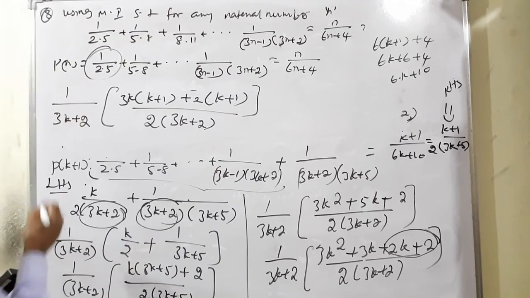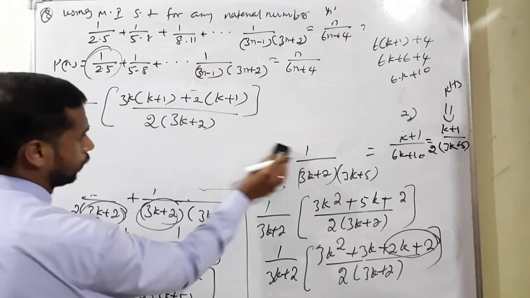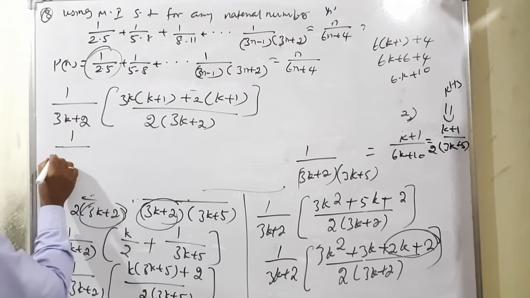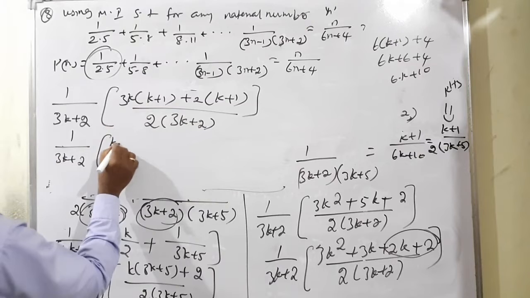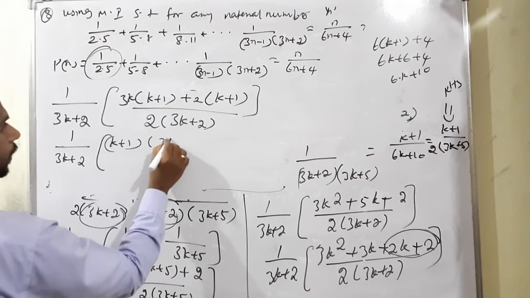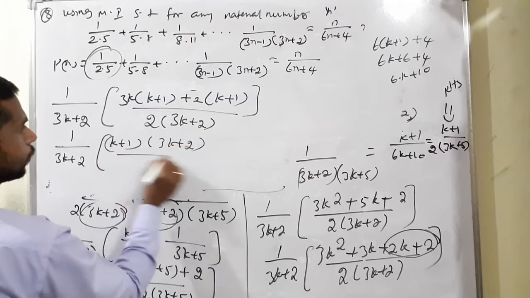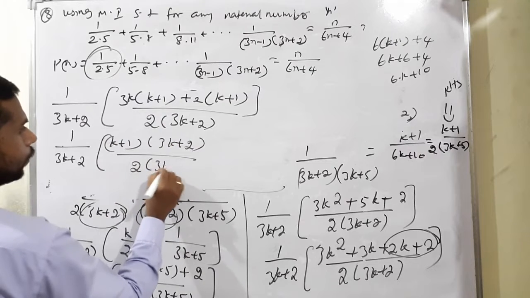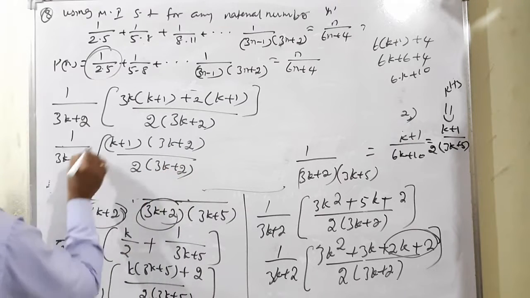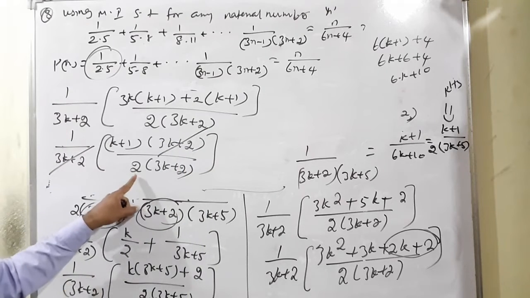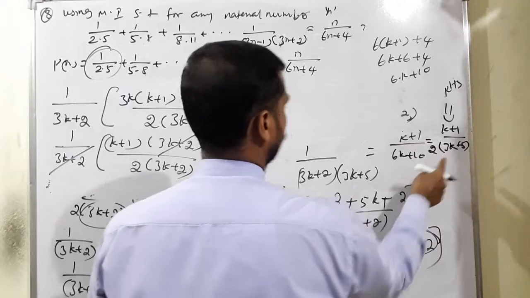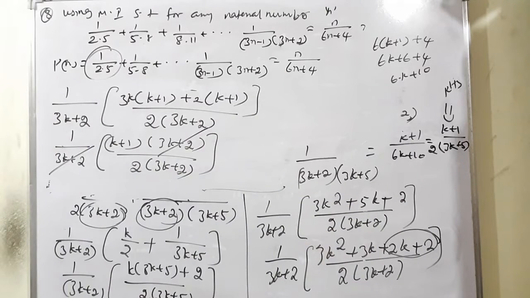Now 1 by 3k plus 2, here the common factor k plus 1, remaining the factor 3k plus 2, divided by 2 into 3k plus 2. So 3k plus 2 cancels, only balance k plus 1 over 2 into 3k plus 5.